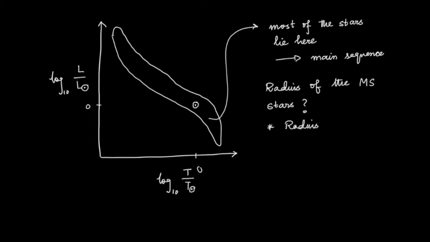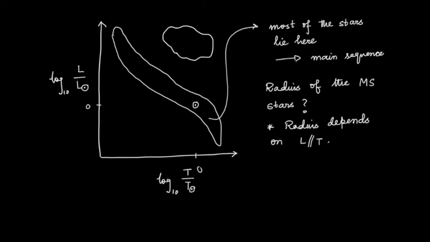The radius depends on L and or T. It's not L by T, it's L and or T. What exactly the dependence is, we cannot figure out just by looking at this diagram, but this is something that we know should happen.